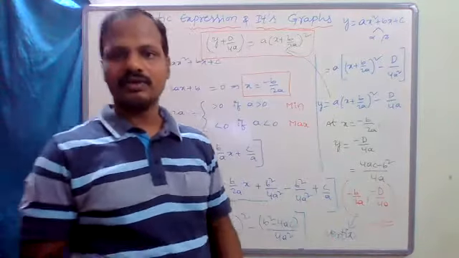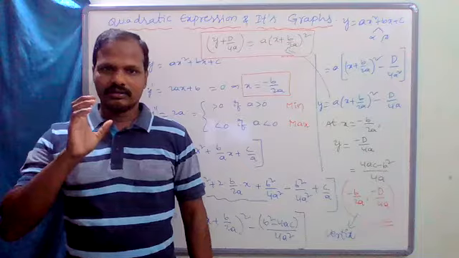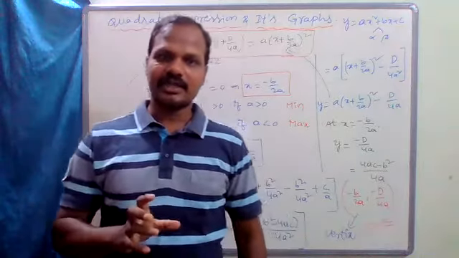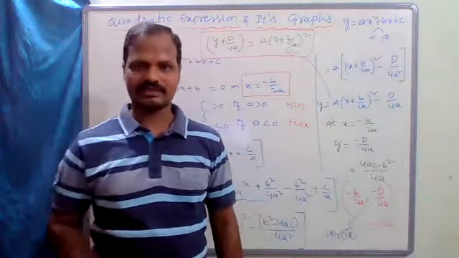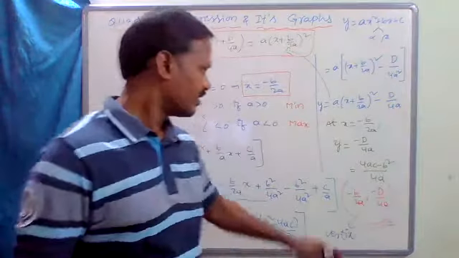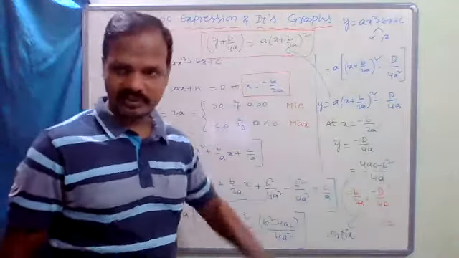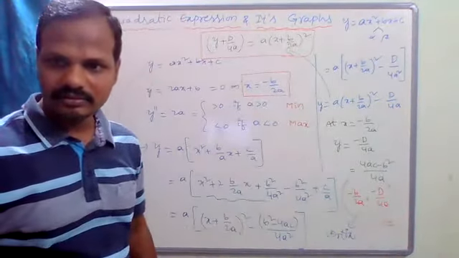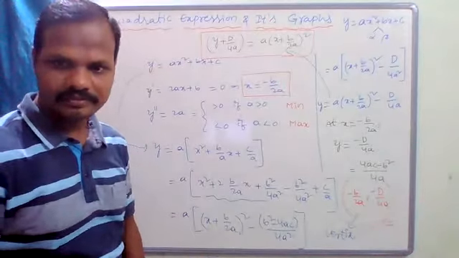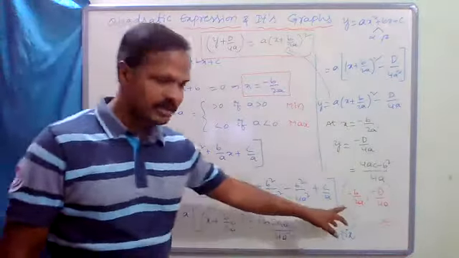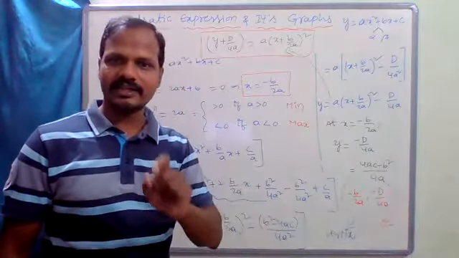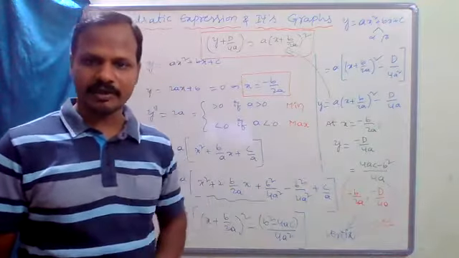So the given quadratic expression has minimum or maximum at its vertex. Okay, fine. Is it clear? Any doubt? Is it clear to everybody? The minimum value or maximum value exists at the vertex of the parabola.